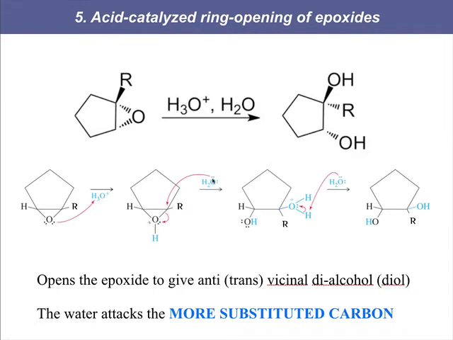Water then will add to the more substituted carbon of that ring and open it up. This is exactly the same as opening up the halohydrin ring, the chloronium or bromonium ring in the halohydrin formation. Water is adding to the more substituted side of this three-membered ring and opening it up as a leaving group.